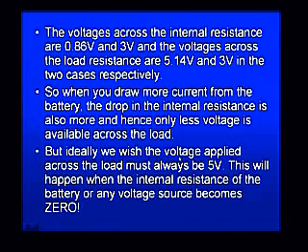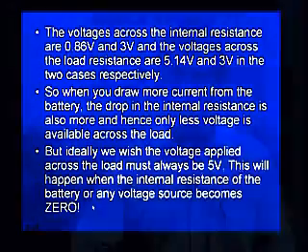But ideally, we wish the voltage applied across the load to be equal to the actual voltage of the battery, and this will happen only when the internal resistance of the battery or any voltage source becomes 0. Therefore, when the internal resistance of a voltage source becomes 0, whatever the current you draw by connecting different loads, there is no drop in the internal resistance and therefore no voltage variation at the load, and the load voltage will always remain constant.